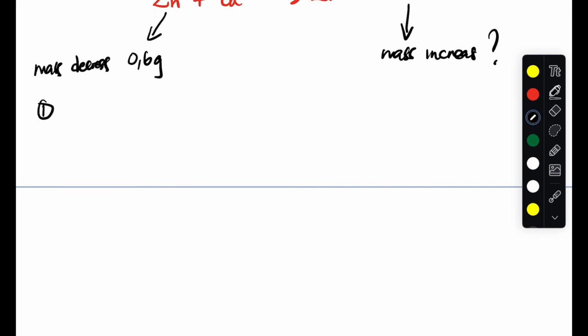So what are we going to do? Step number 1, I'm going to convert the mass change of zinc to the number of moles of zinc.